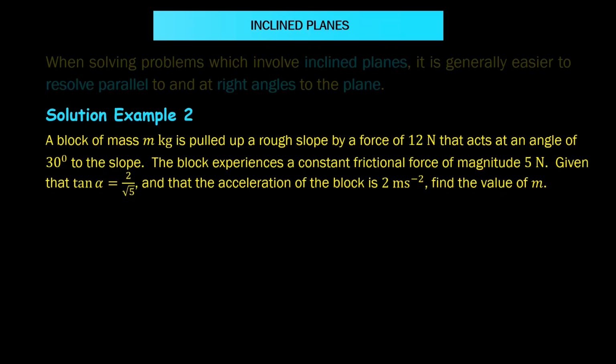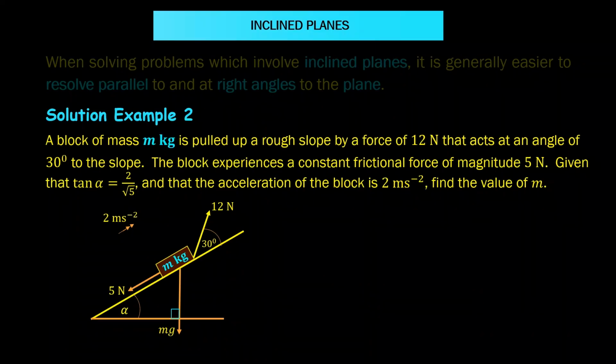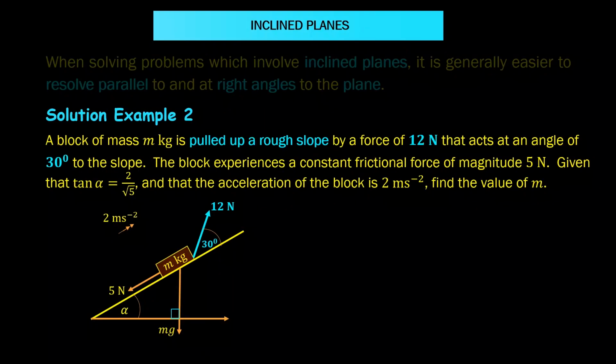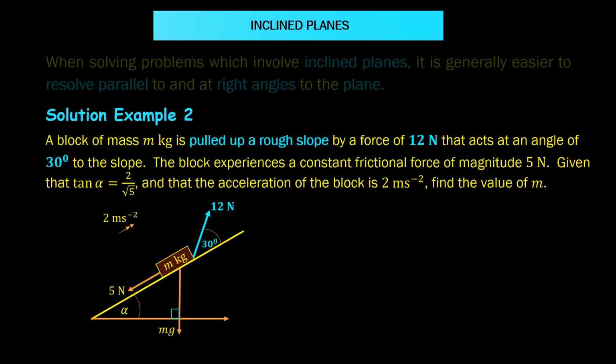So let's solve this. We're going to begin by drawing a diagram first. Here's our mass, m kilograms, on our slope. And here's the force of 12 newtons, which is pulling our mass at an angle of 30 degrees.